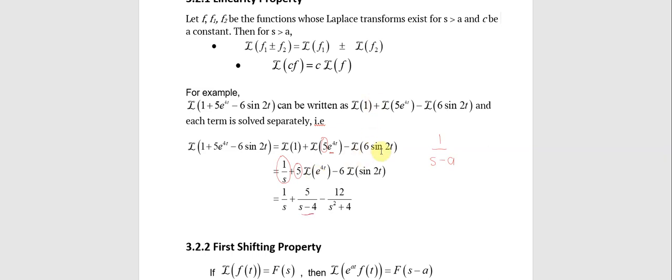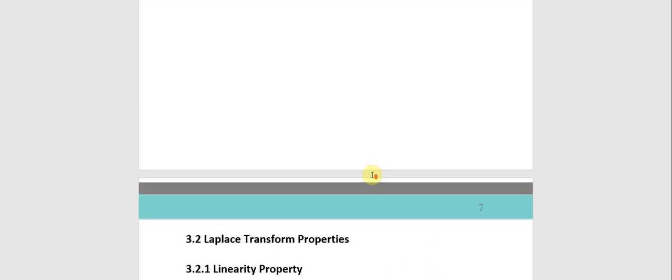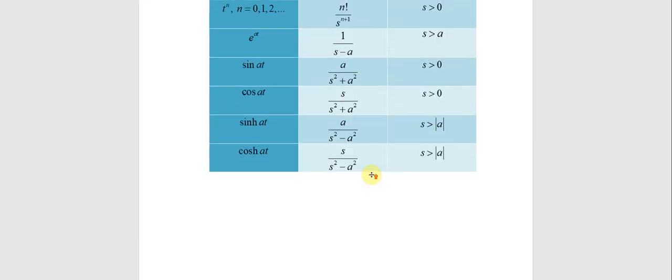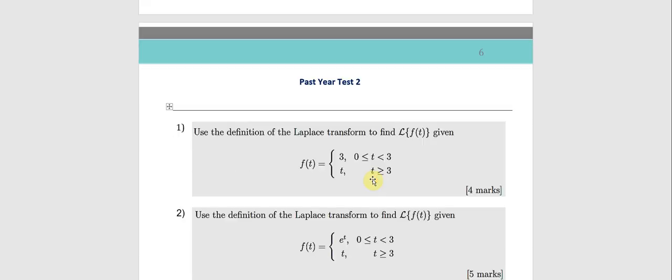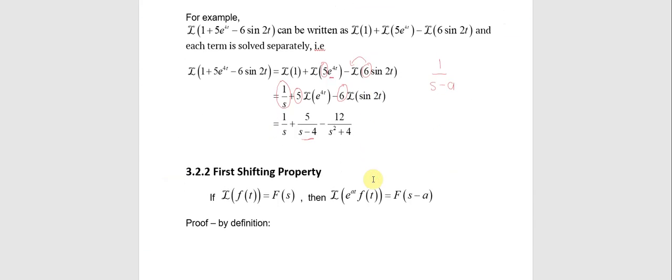For the last function, 6 sin 2t, since 6 is a constant, we can take it out. You just need to do the transformation of sin 2t only. The transformation of sin at is equal to a over s squared plus a squared. In this case, your a is 2.